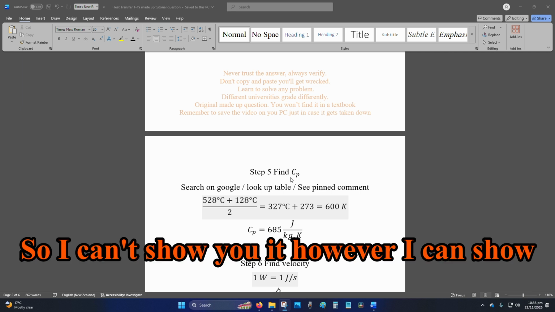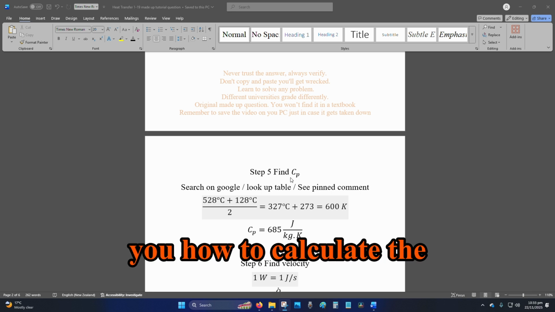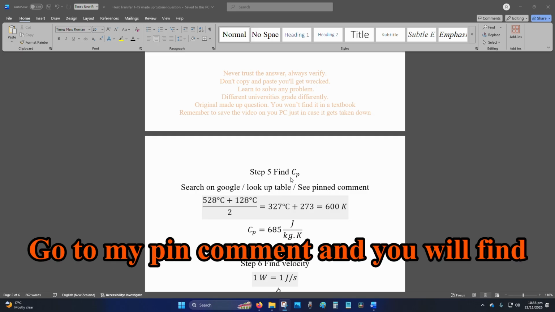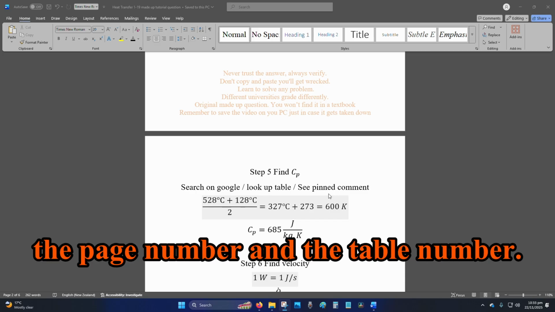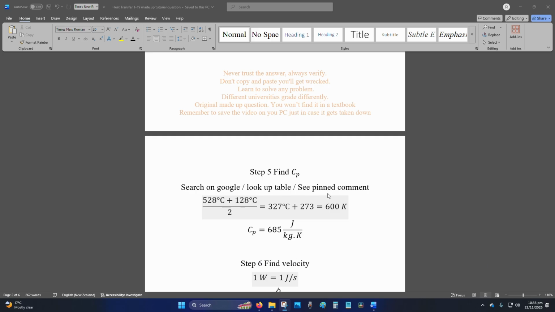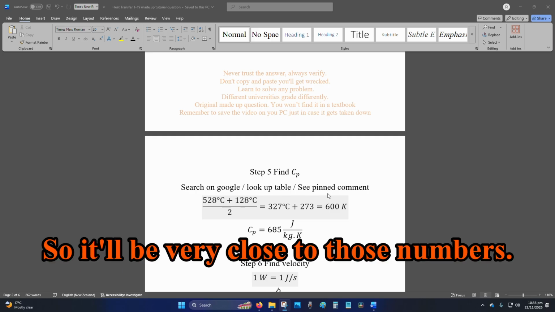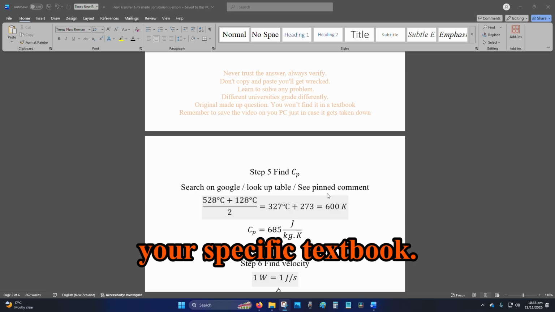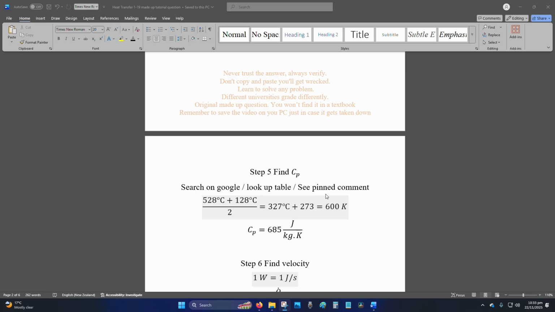I can't show you it, however I can show you how to calculate the steps, and then you can look it up. Go to my pinned comment and you will find the page number and the table number, so it'll be very close to those numbers. You can just find it in your specific textbook.